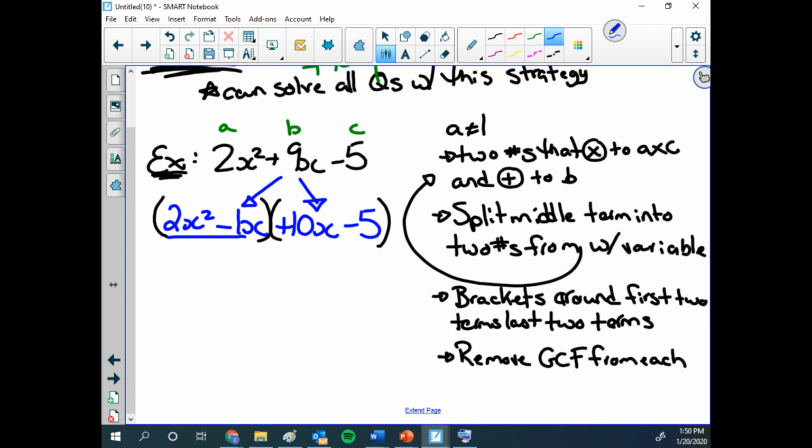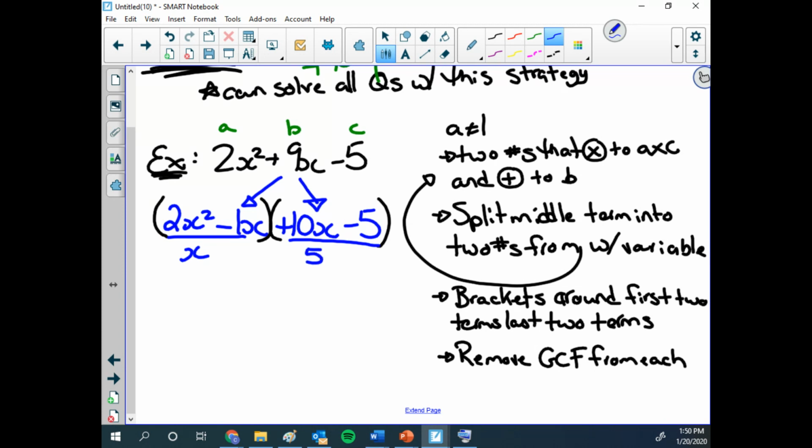Between 2 and 1? 1. Between x squared and x? x. So the GCF from both of those terms is x. The greatest common factor in the second set of brackets, 10x and minus 5, would be 5.